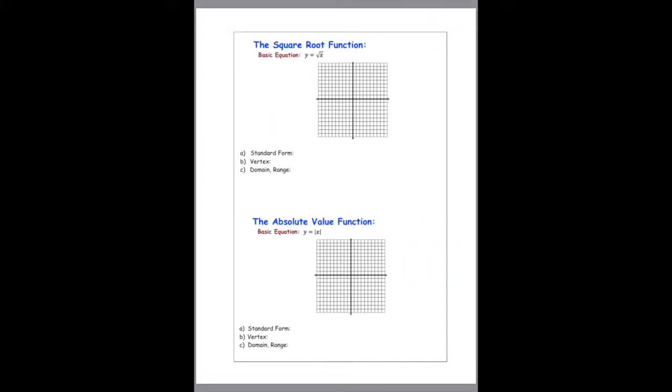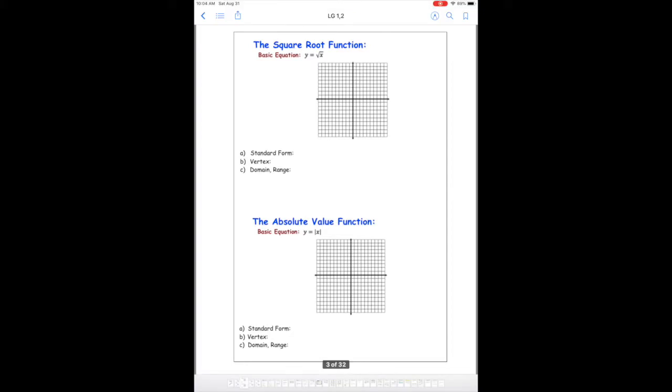Okay, now we're going to look at the square root function. We have the basic one. So again, there's nothing going on, so it starts at 0, 0. Now if we just insert numbers, we can get the output.